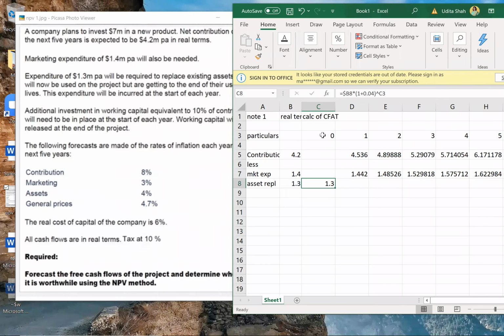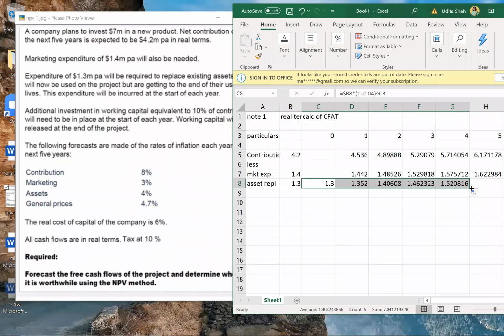And obviously in year zero, inflation will be same. But now pay attention. I am not going to drag it till 5th year because I am using start of the year. So 5th year, I already paid in 4th year. So up to 4 years.